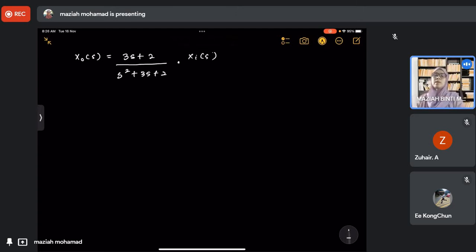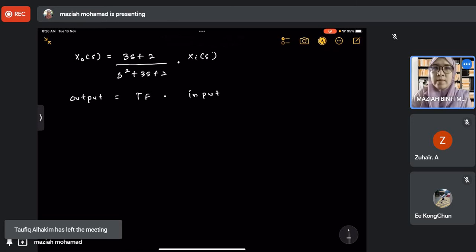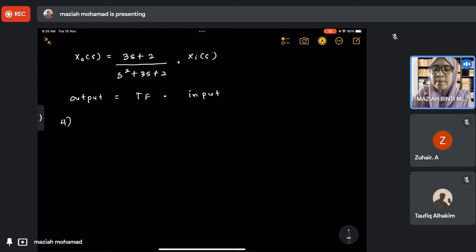Okay, we just move s squared plus 3s plus 2 to the other side. So now we have output, which is X naught(s) equal to transfer function multiplied with the input. Okay. So what we're going to do now is step number 1, 2, 3, 4. Step number 4 is to apply input signal.